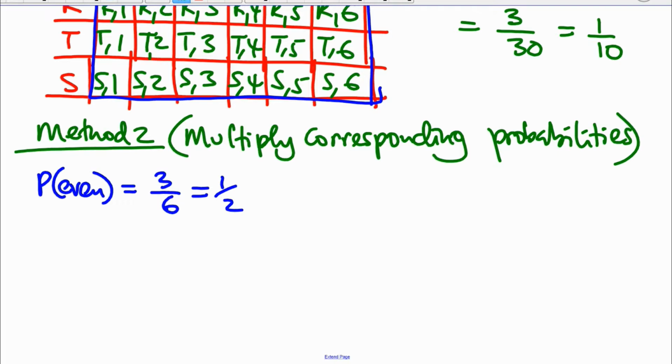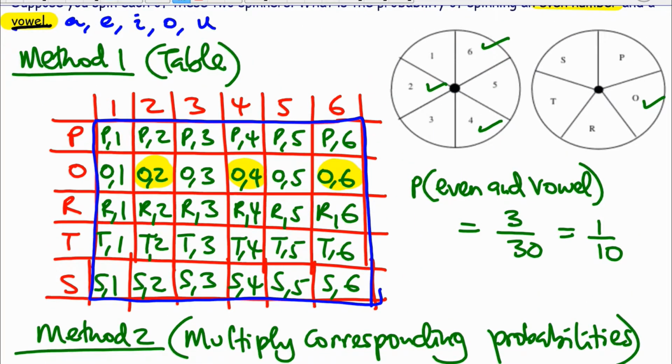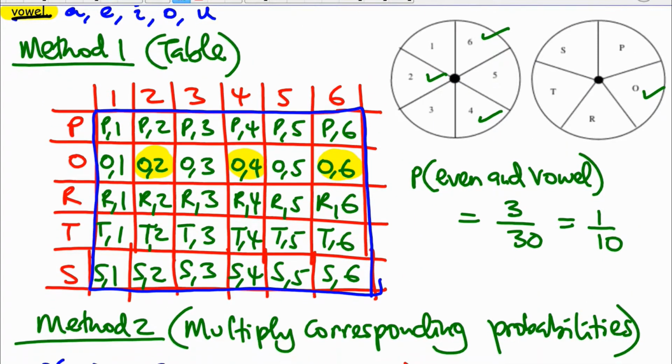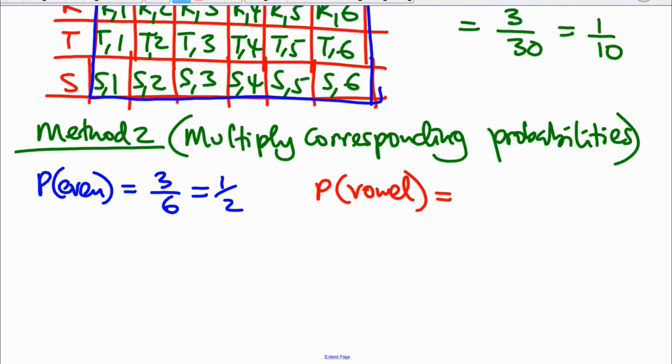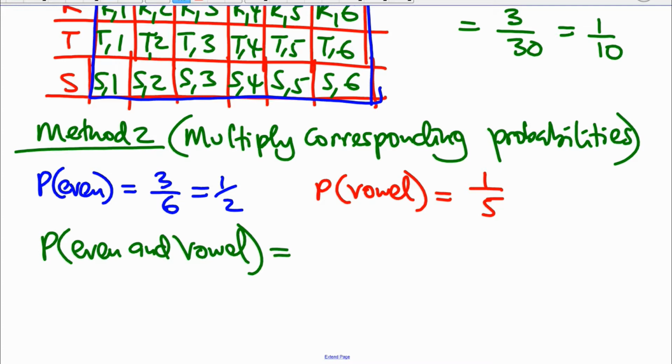And the probability of a vowel in the second spinner, if you look at the second spinner, there's only one vowel out of 5 possible outcomes, so 1 out of 5. So to find the probability of an even and a vowel, we'll just multiply the corresponding probabilities. So that will be a half multiplied by 1 over 5, which is 1 over 10.